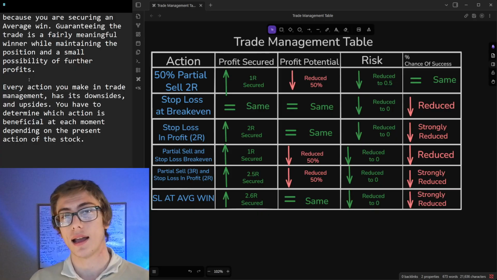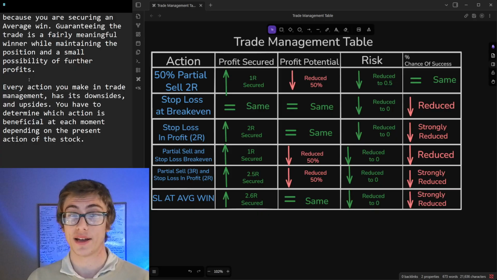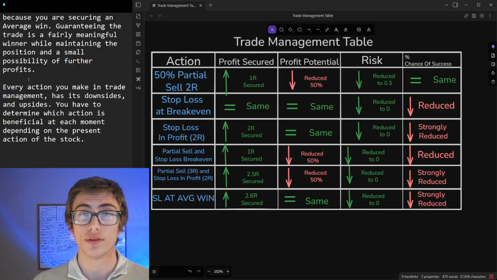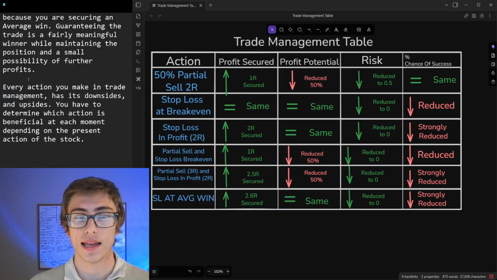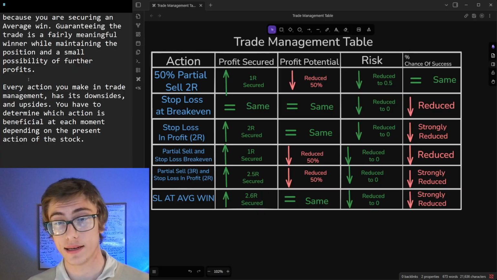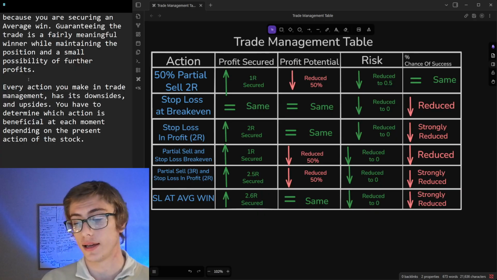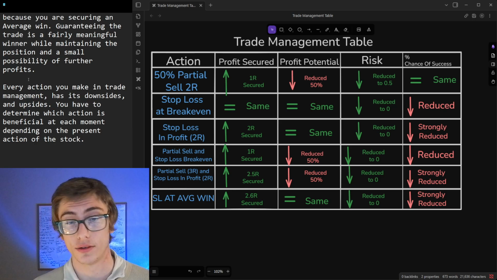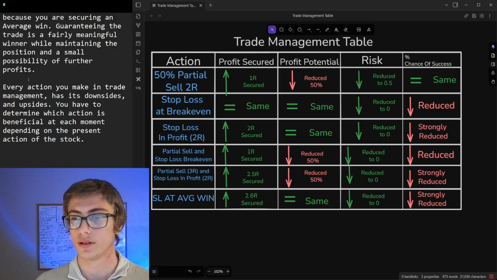So every action is very beneficial, okay? Every single action can be done intelligently, but you need to plan and understand when to make each action. Just like a swordsman knows when to parry and strike and advance, right?